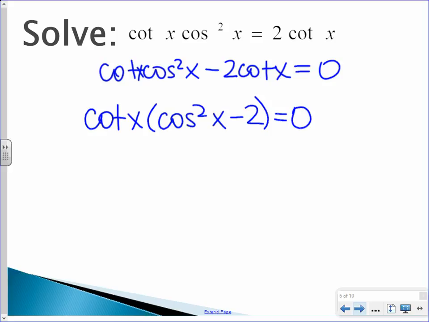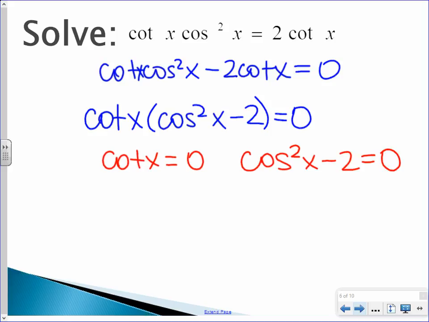Okay. All right, so we have two factors now that equal 0. So we can take each of them. Cotangent of x equals 0. And cosine squared x minus 2 equals 0.